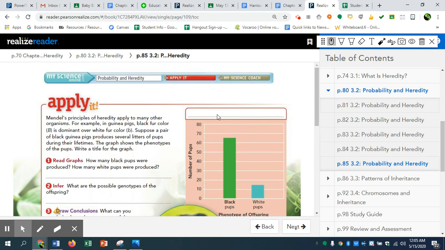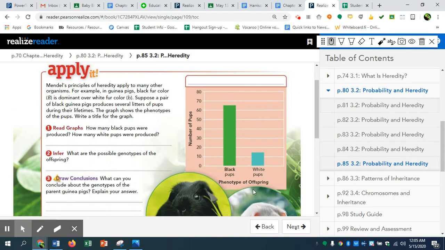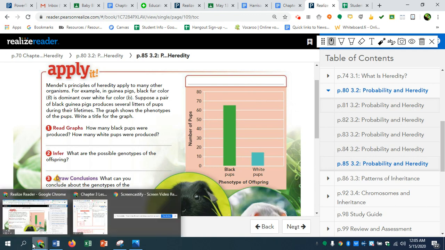We always have to have a title for the graph. On this line, we have number of pups. And then down here, we have phenotype of offspring. So we could call this, I don't know, offspring of 2 guinea pigs, combination of offspring that 2 guinea pigs have.